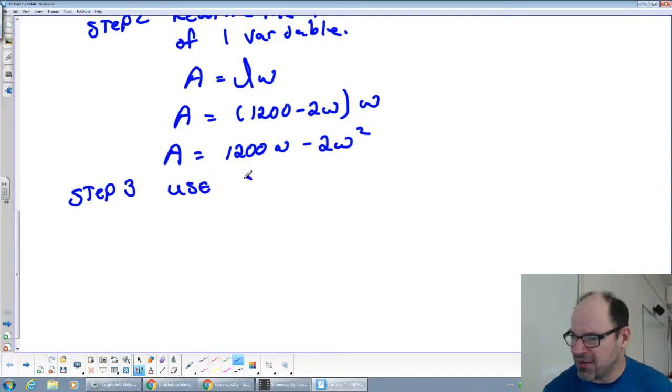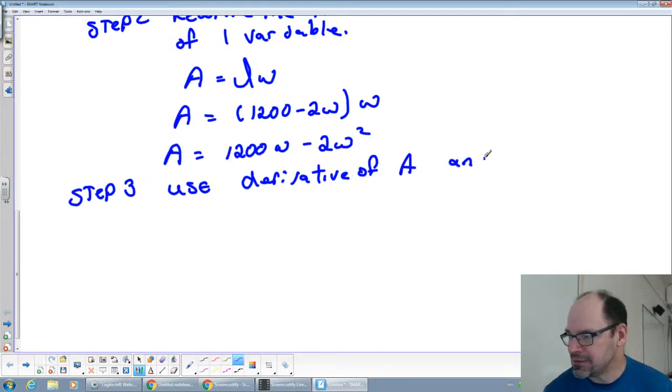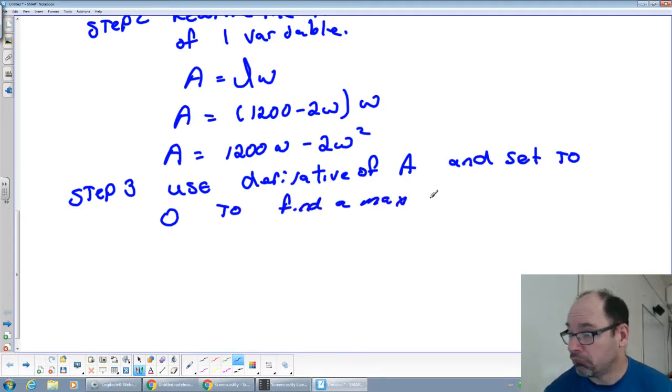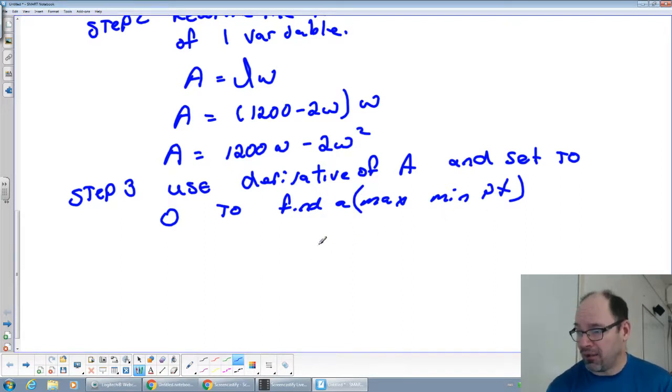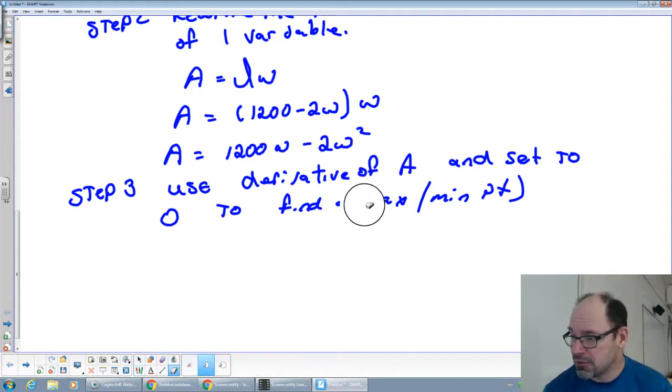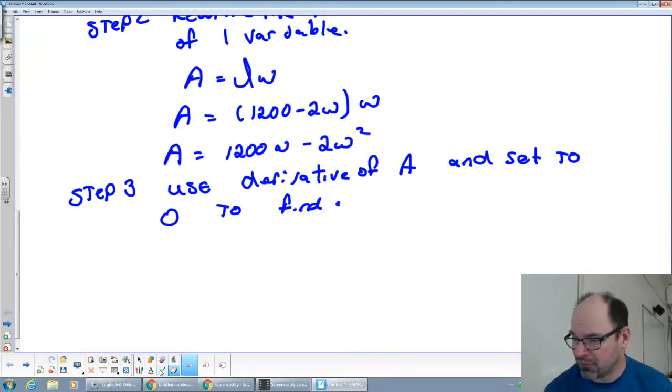Use the derivative of A and set it to 0 to find a max or min point.